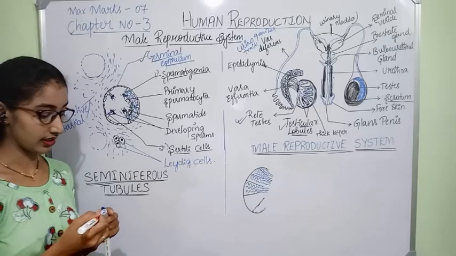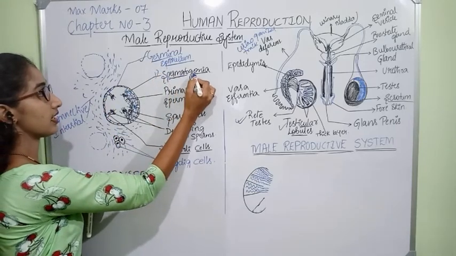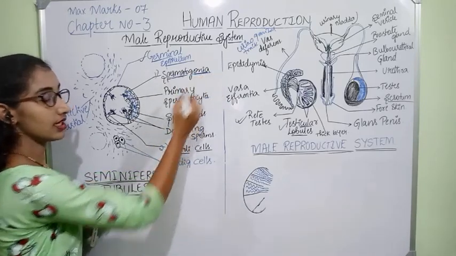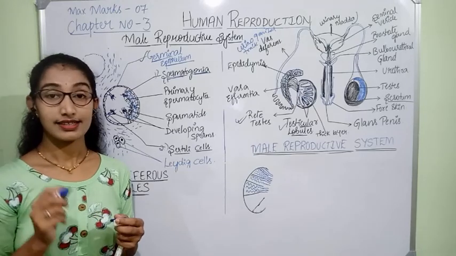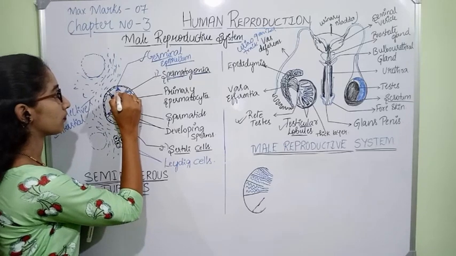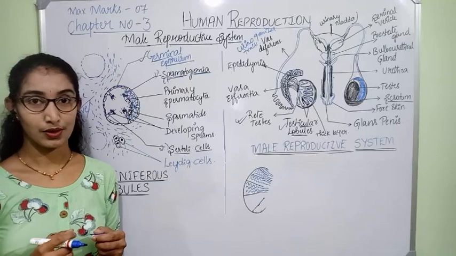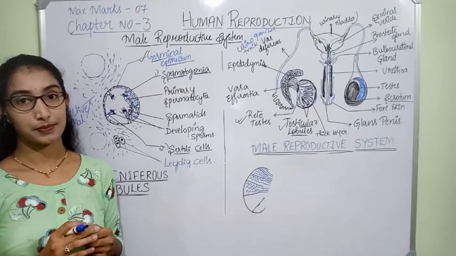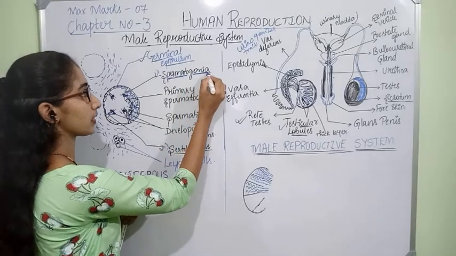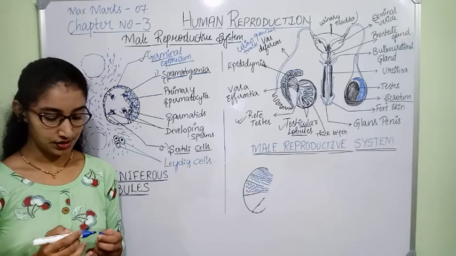How are they differentiated? These male germ cells, the spermatogonia cells, are the cells which give rise to the sperms, and they will undergo meiotic cell division.